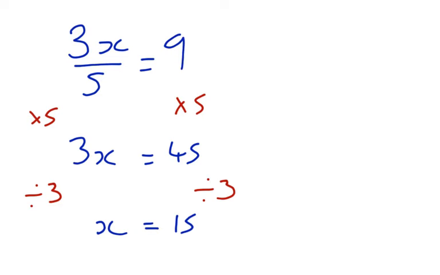So when we have a fraction in an equation, we always multiply by the denominator to remove the denominator. And that's going to be a principle that we use in solving equations with algebraic fractions in.